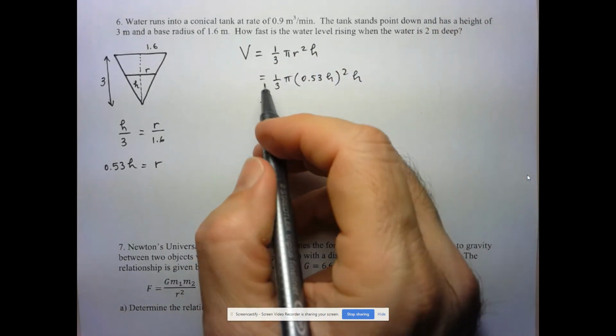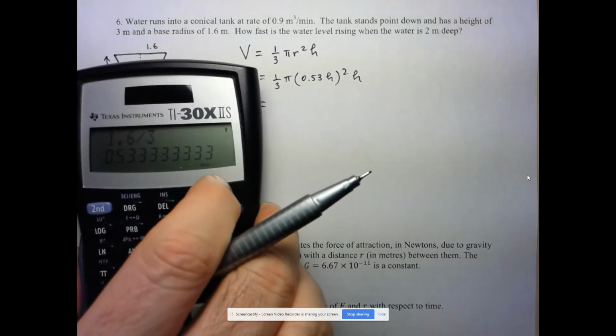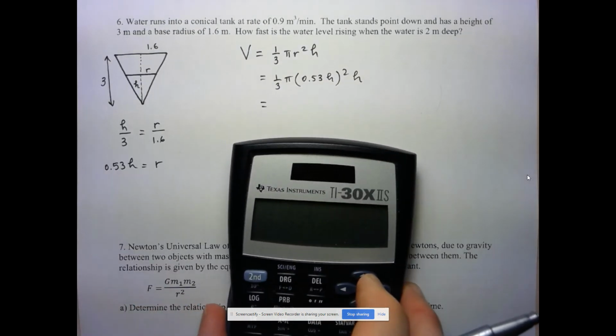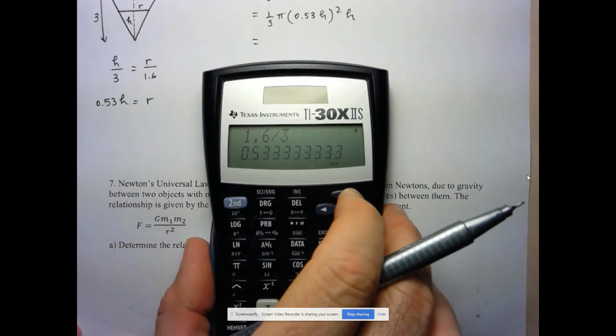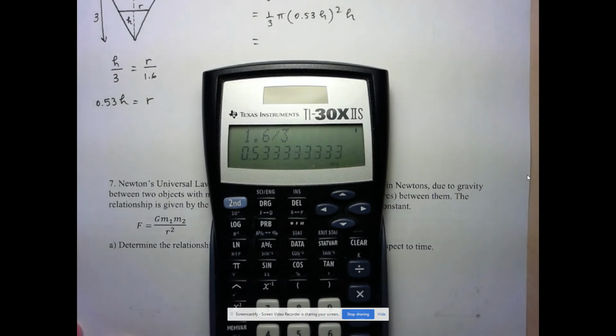So I'm just going to simplify this whole thing here. I'm going to take my 0.53 and square it, then multiply it by pi and divide by 3. And what do we have? We have 0.297, which is pretty close to 0.3.